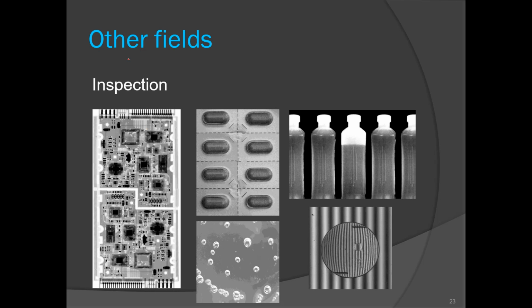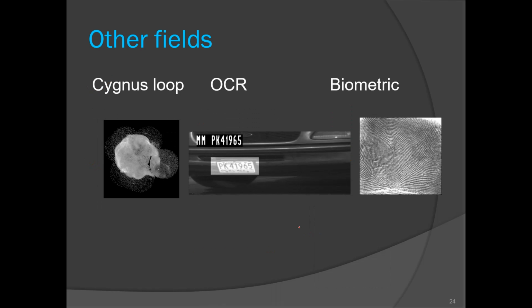Along with these four techniques, we use image processing in various other fields also, like industrial inspection to check PCB boards, whether the pills are filled properly or not, to check the surface of the material, whether we have bubbles on that surface, whether the liquid is filled properly or not, to check the texture of the material, to observe extraterrestrial objects.